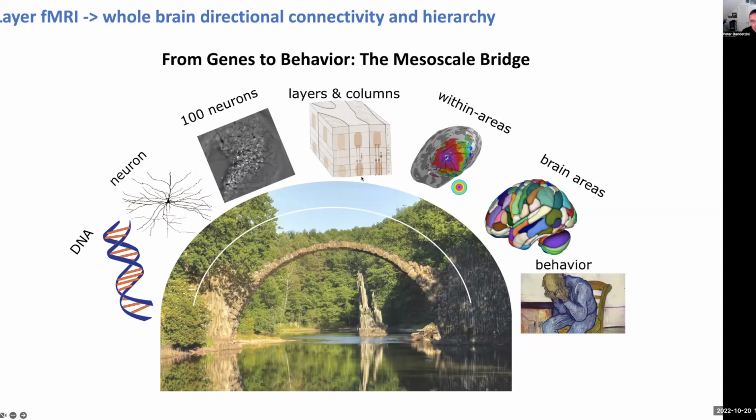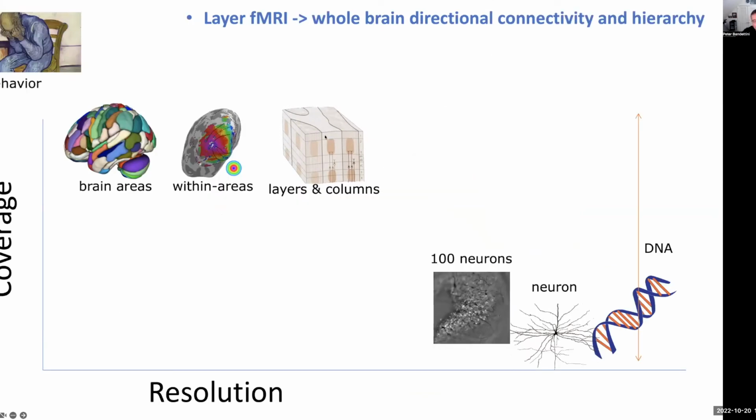There's a lot of interesting cortical circuitry that happens at this scale. And what's also useful about layer fMRI is that it could cover the whole brain. So it not only has this resolution that bridges these methods, but it has the coverage of the whole brain, which could advance how we understand how areas that are far apart are communicating.